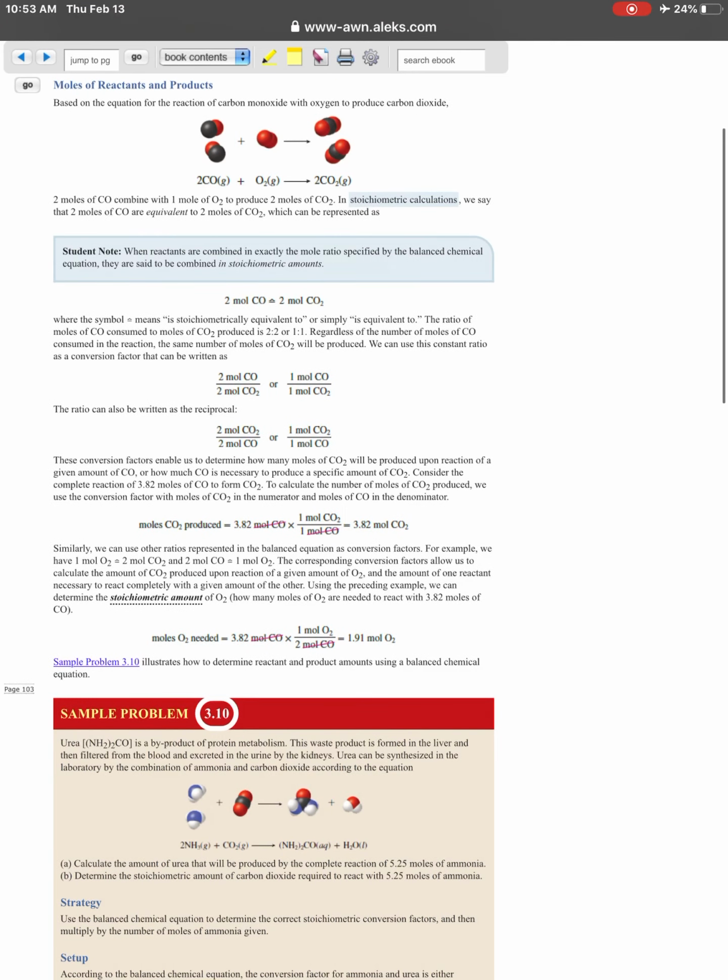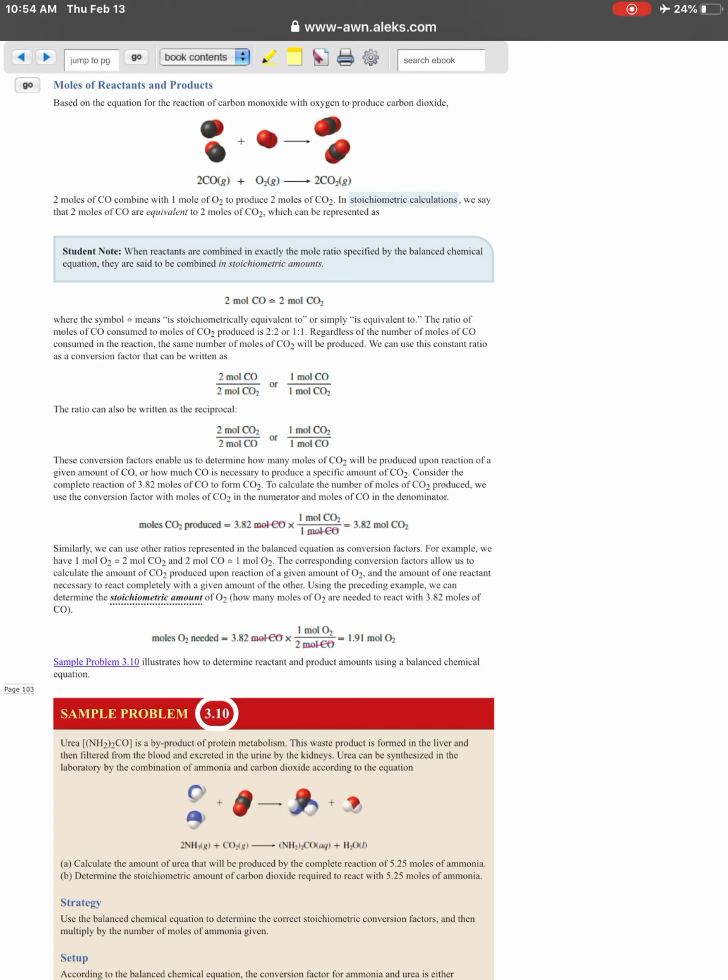2 moles of CO2 divided by 2 moles of CO, right? 1 foot divided by 12 inches. We're just flipping over, taking the reciprocal of that ratio. Again, 2-to-2 is the same as 1-to-1. These conversion factors enable us to determine how many moles of CO2 will be produced.